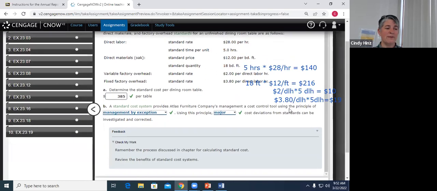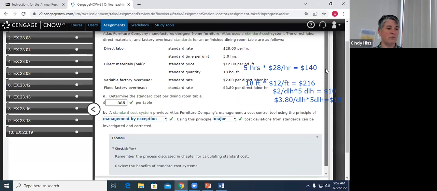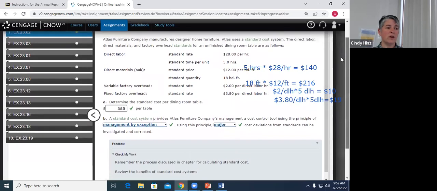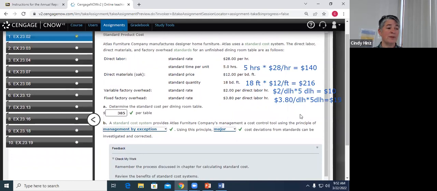Well, what if next month our direct materials comes back into line with the standard, but our direct labor is still high? We've missed an opportunity the previous month to find out what's going on there because we didn't recognize that difference in the direct labor because it was partly masked by the favorable variance in our direct materials.